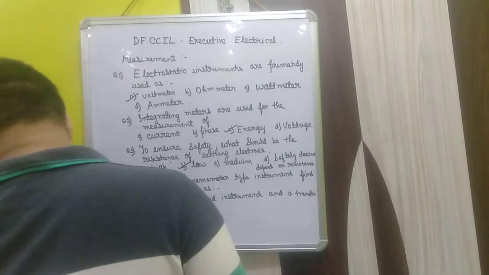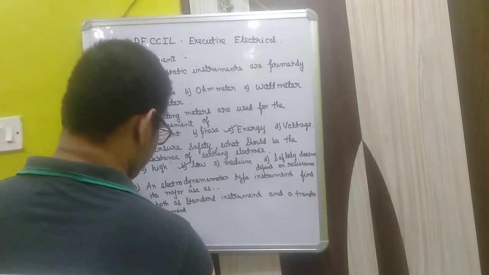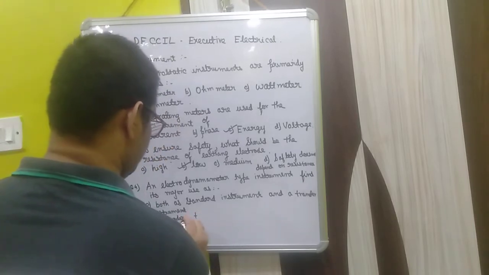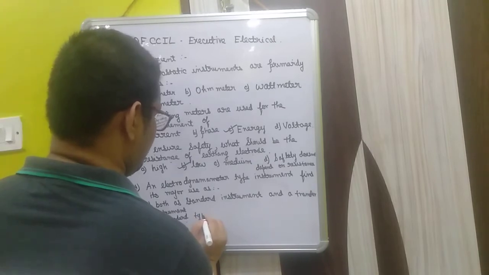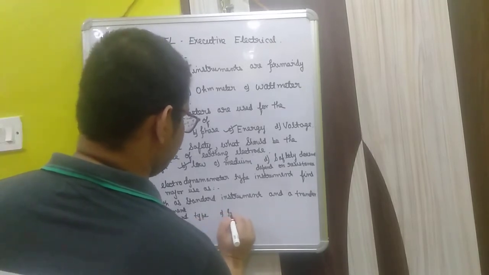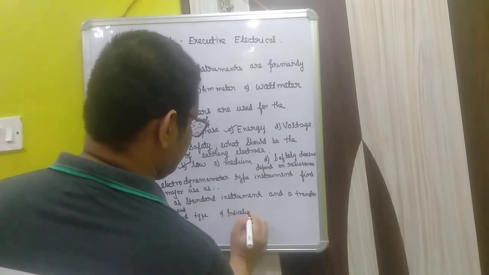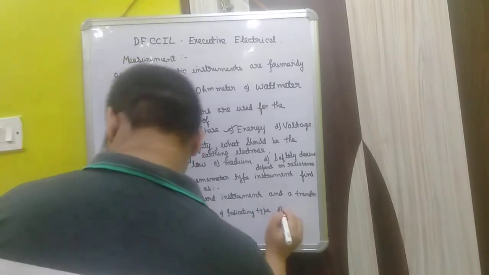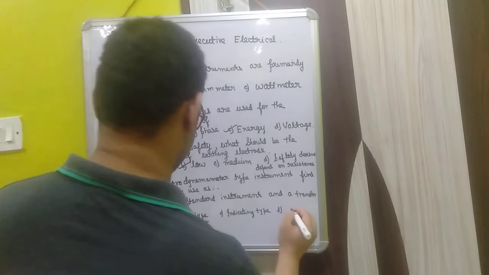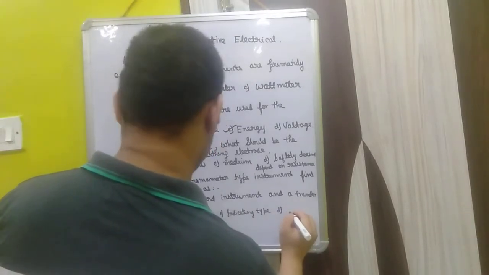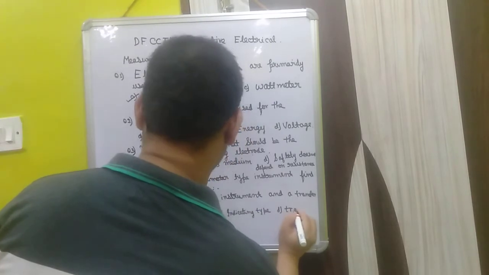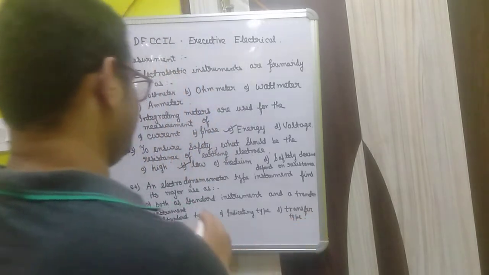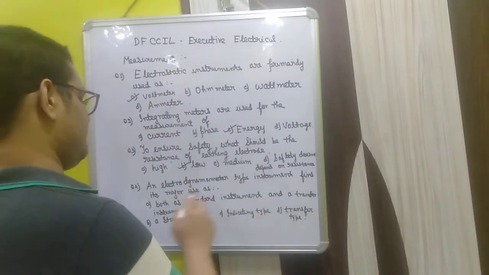Option C is indicating type instrument only. And option 4 is the standard type and the other is the transfer type instrument.